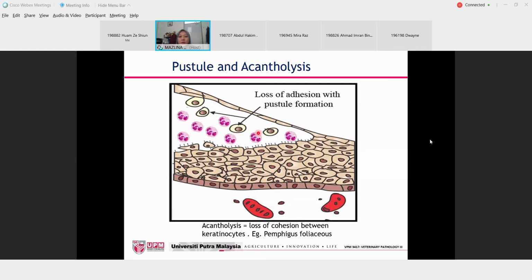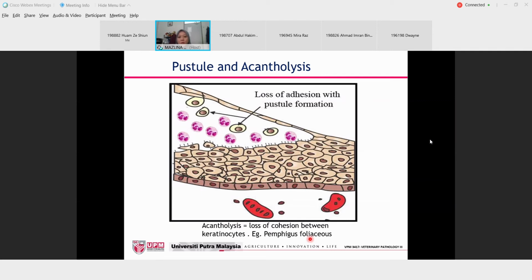Yeah, so this is a typical finding in cases of pemphigus foliaceus. Okay, pemphigus foliaceus is where the body produces immunoglobulin that attacks the desmosome, the structure that holds the keratinocytes together.